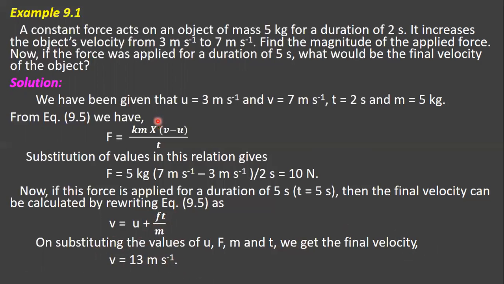From the equation v equals u plus F into t by m, substitute the values: u is 3 meter per second, F is 10 Newton, t is 5 seconds and mass is 5 kg. Now substituting the values, you will get v equals 13 meter per second. That is the final velocity is 13 meter per second.